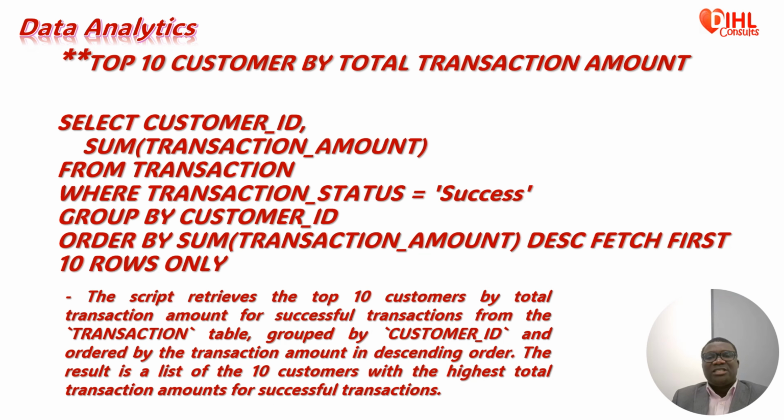So this will retrieve the top 10 customers by total transaction amount for successful transactions from the transaction table, grouped by customer ID, and ordered by the transaction amount in descending order. The result is a list of the 10 customers with the highest total transaction amount for successful transactions.